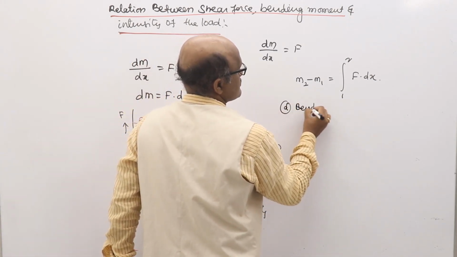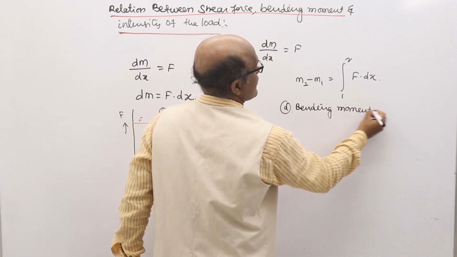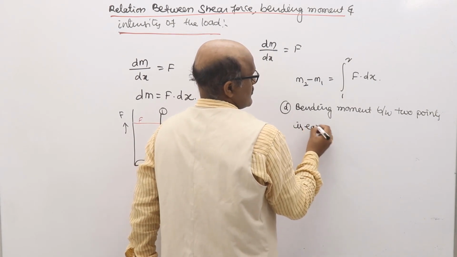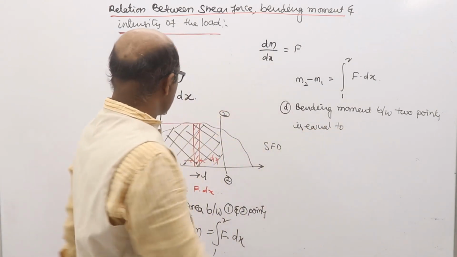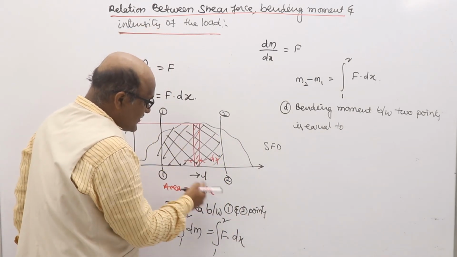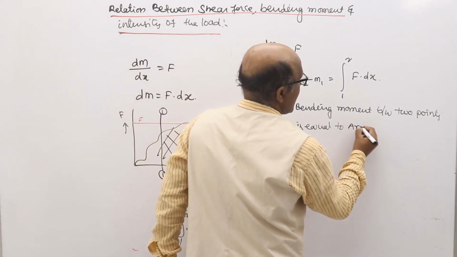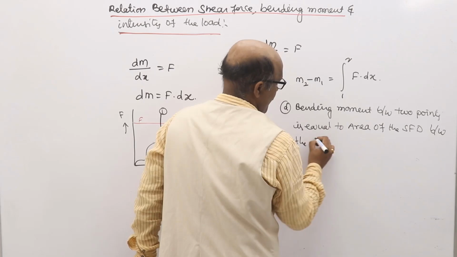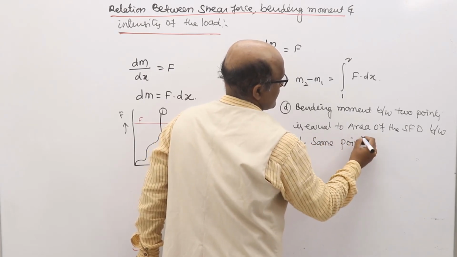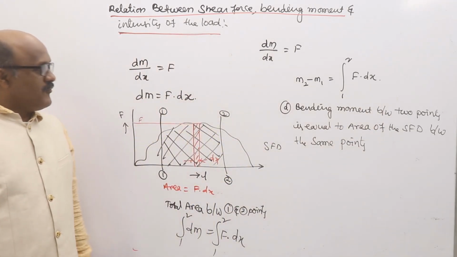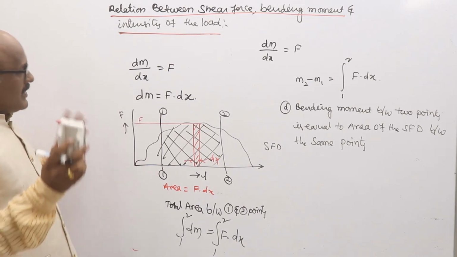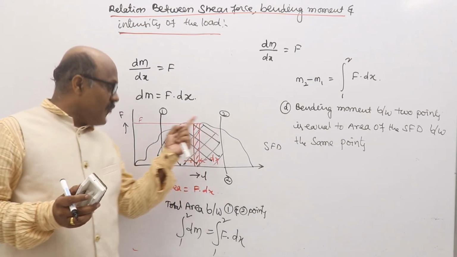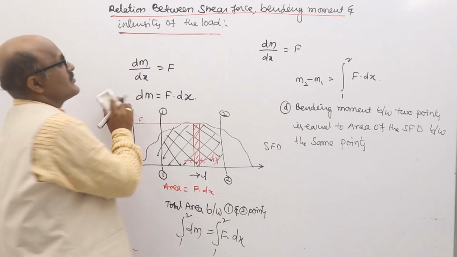Bending moment between 2 points is equal to the area of the shear force diagram between the same points. This is the fourth result.